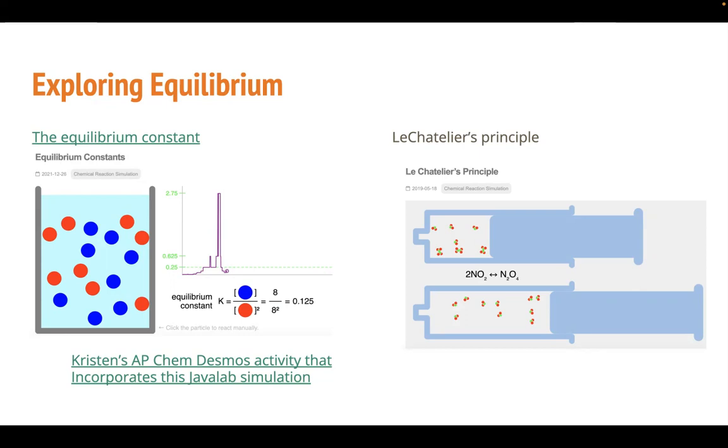That is one of the harder Le Chatelier's shifts to get across to students. You can literally move the piston and it will change the volume, and you'll see the number of reactant molecules versus product molecules change as a result of your shift, which is a great visual again for that.